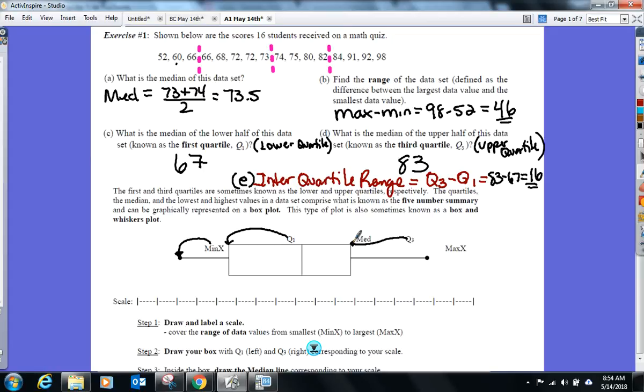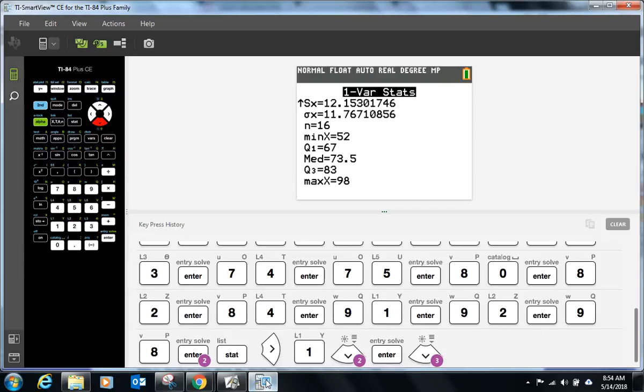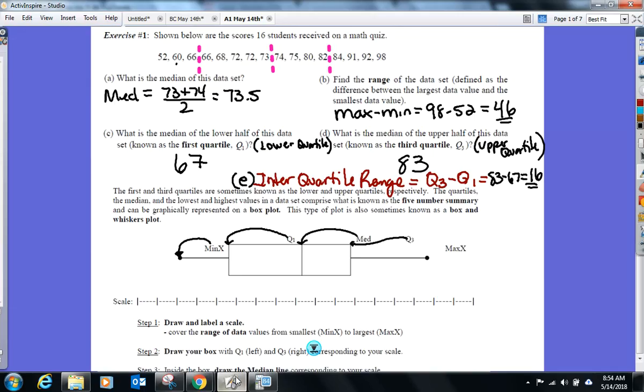And then you will put another vertical line in the middle, which will represent your median. Remember, your 5-number summary does not include your interquartile range. These are your 5 numbers here in your 5-number summary. And the end of the whisker, that's the max value. The only tough thing about this, you guys just got to come up with your own scale. All right, that's it.